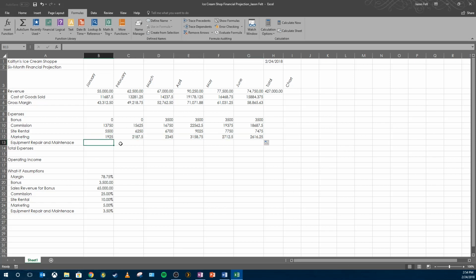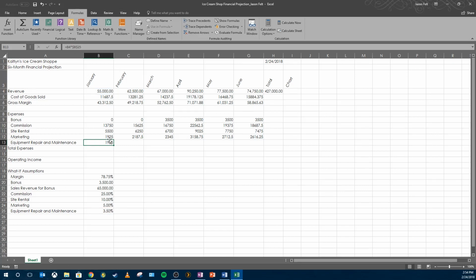Equipment repair and maintenance. Oops, I just noticed I had a spelling error there. And same thing here. Make sure that you change that if you typed it like I did. Okay. Equal B4 times B25. Change to absolute cell reference.